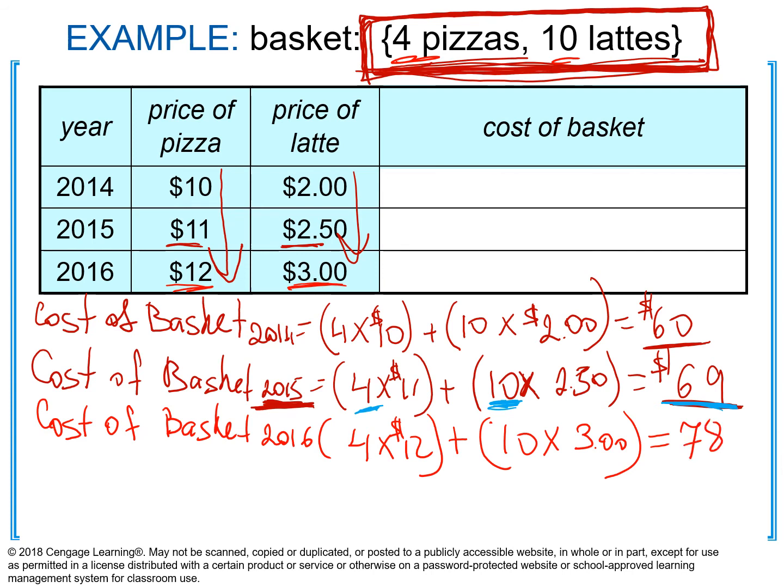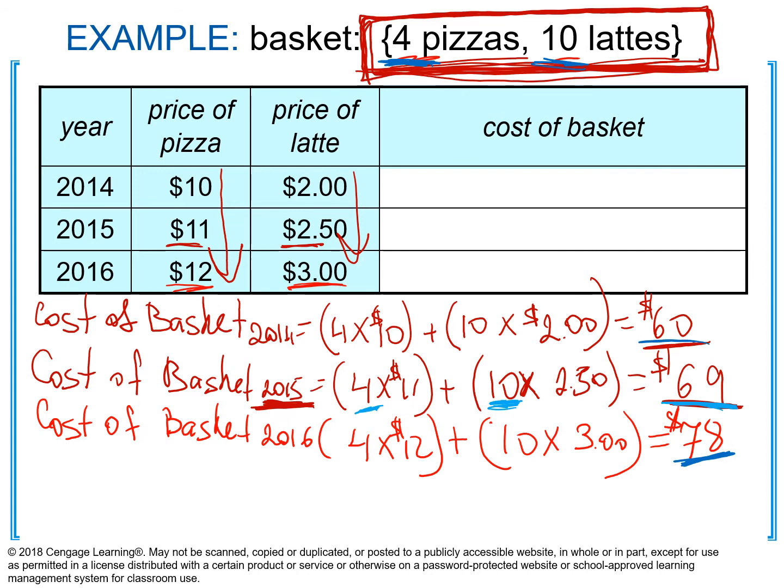So again, what happened in year 2016? If typical consumer wants to maintain the same lifestyle, if typical consumer wants to purchase the same amount of goods, 4 pizzas and 10 lattes, then we need to have even more money in our pocket. Remember, CPI, Consumer Price Index, is going to tell us that cost of typical consumer is changing over time.